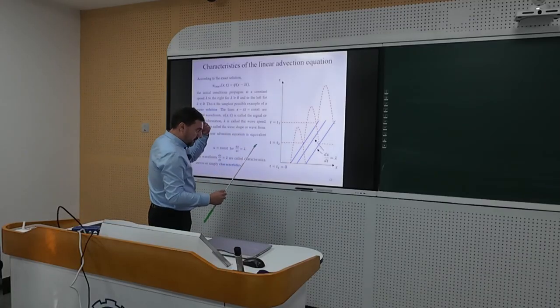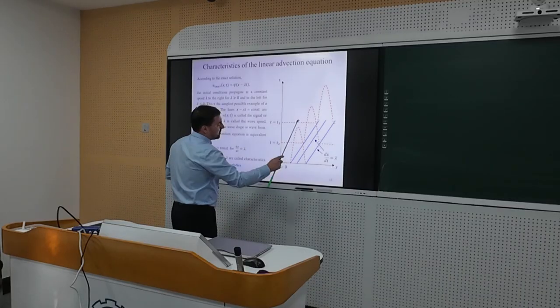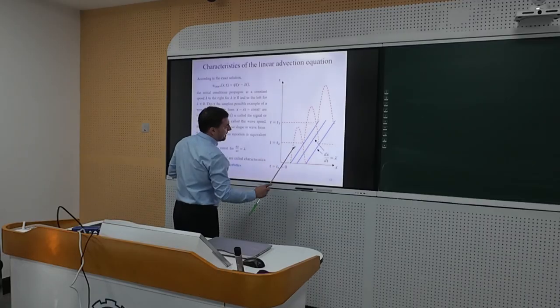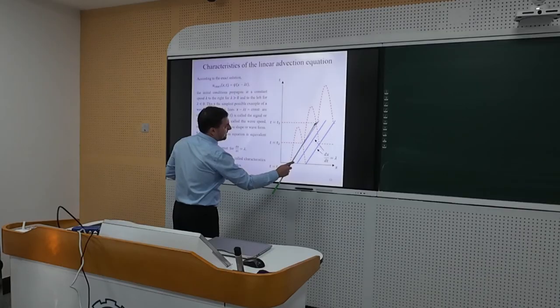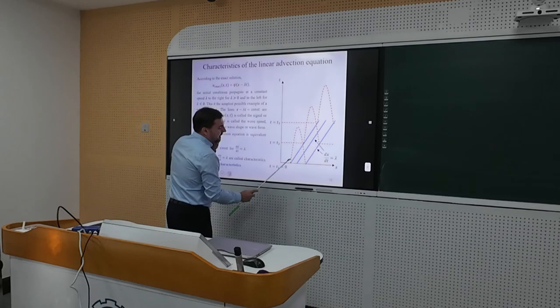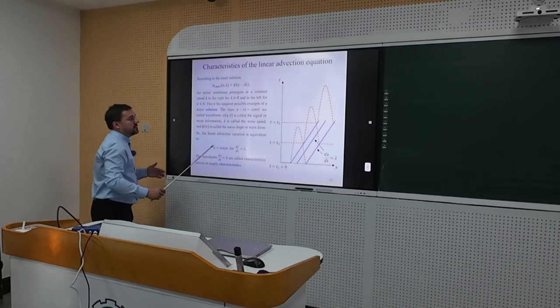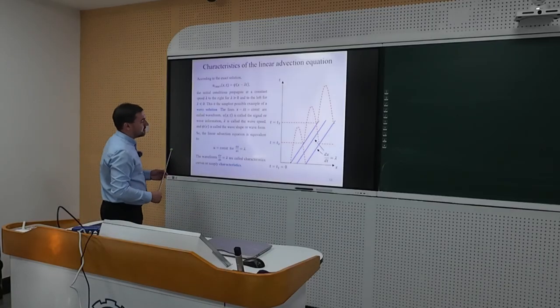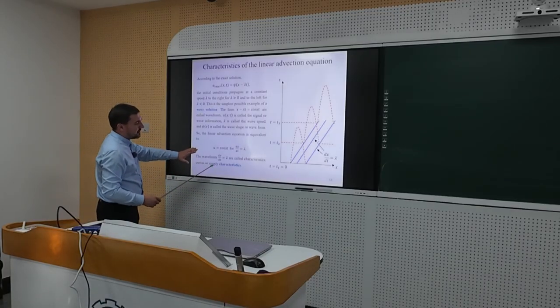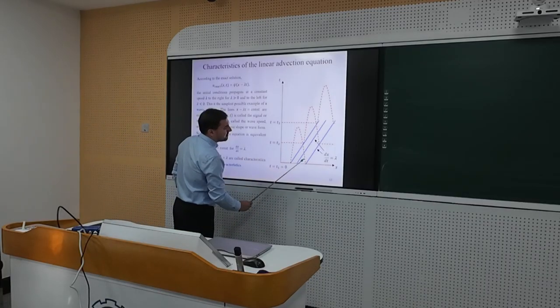So at t2 it will be here, and these dots will all be on this blue line corresponding to the characteristic line. So once again, a characteristic is a line along which our solution propagates with no change.